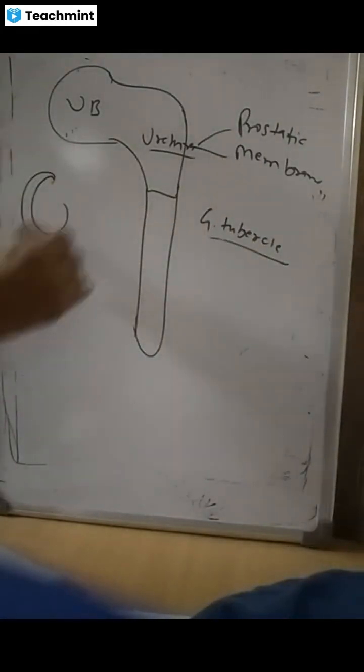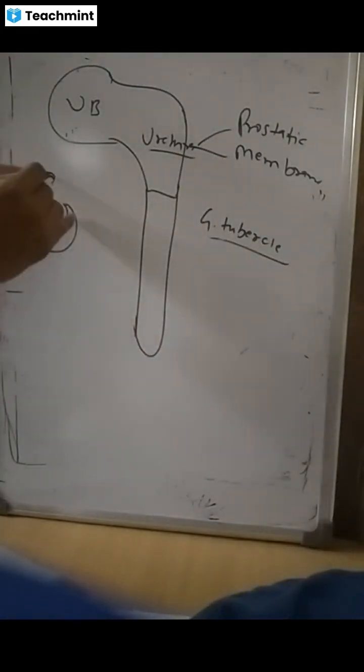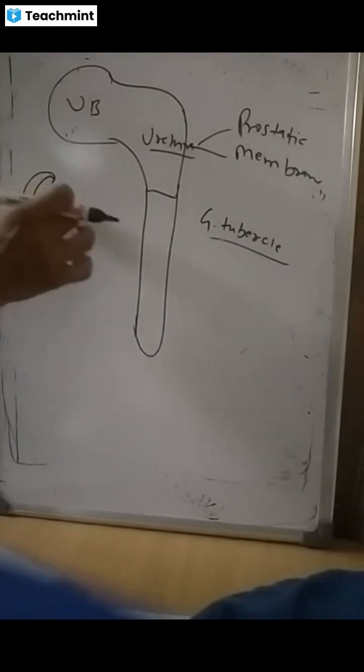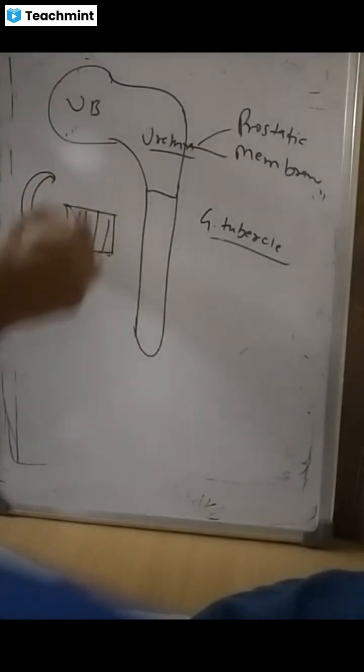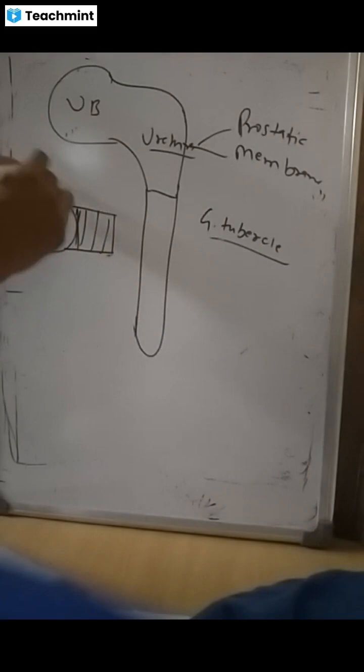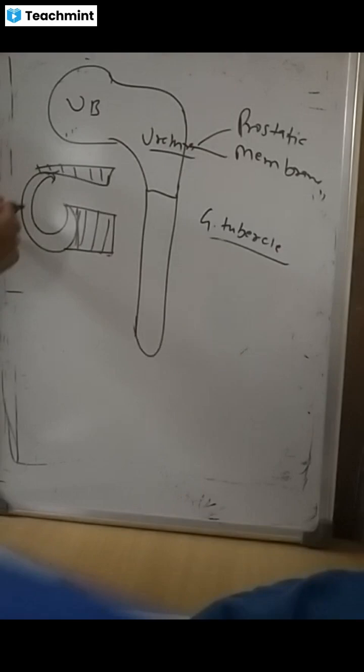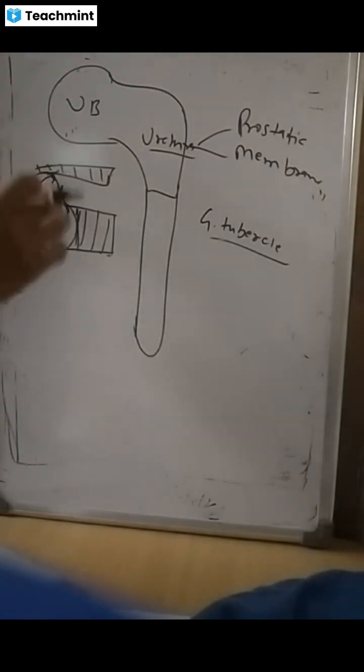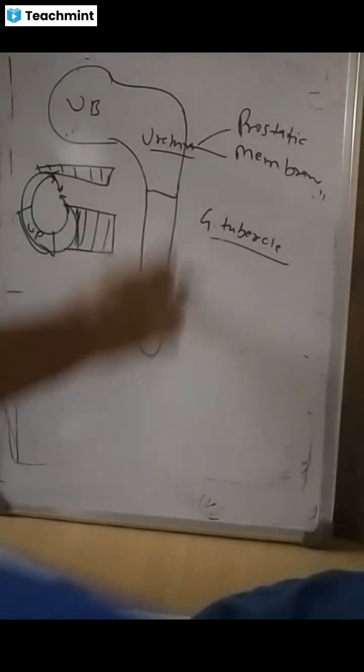If we make it three-dimensional like this, this is a tube-like structure with this part being the urethral plate groove, and when these folds meet each other, this is happening here.